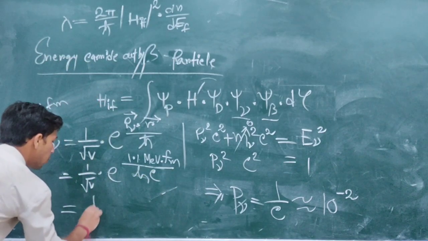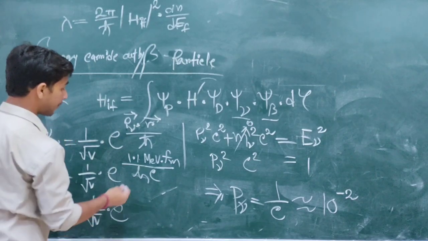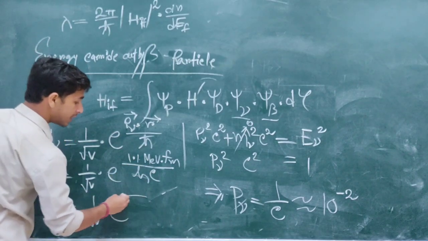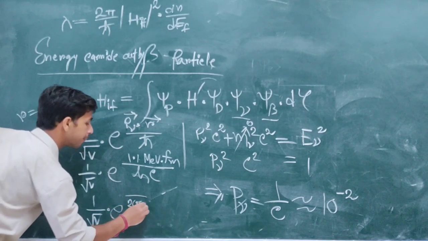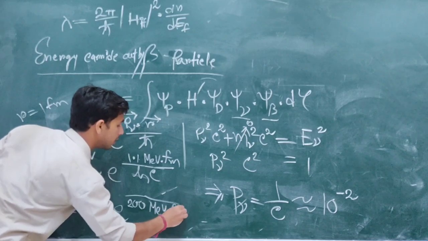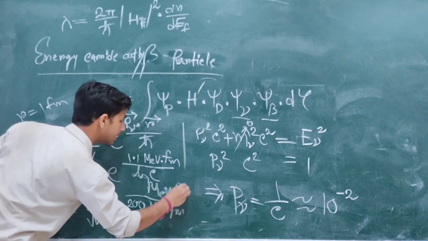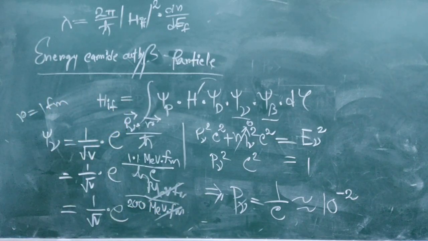So this is equal to 1 divided by root V times e to the power, hc is nothing but 200 mega electron volt Fermi. So here mega electron volt Fermi and mega electron volt Fermi get cancelled, as the exponential will have nothing carried in the power.